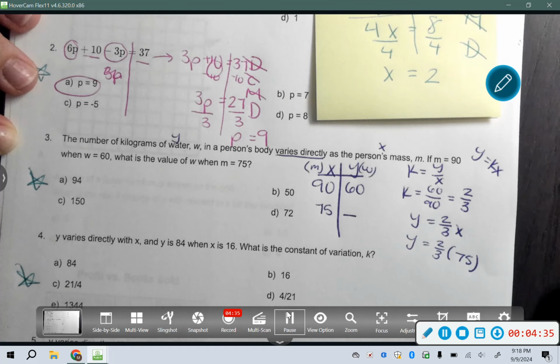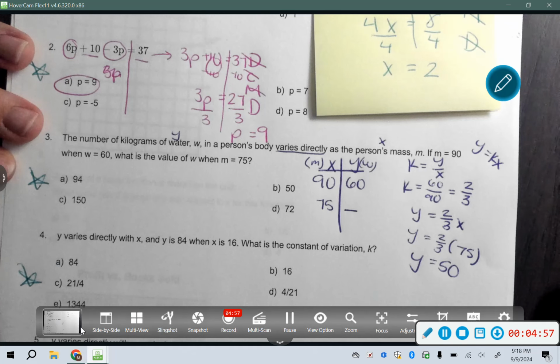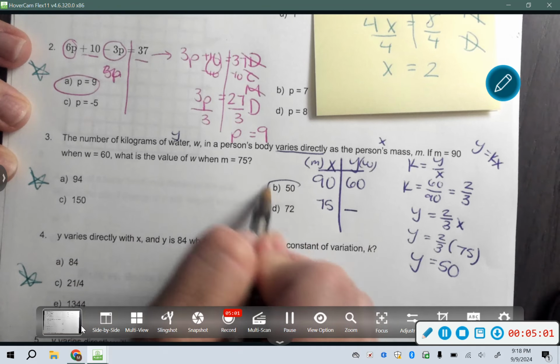And now I can just multiply in my calculator. 2/3 times 75 is 50. So I know that Y equals 50, and my answer is B.